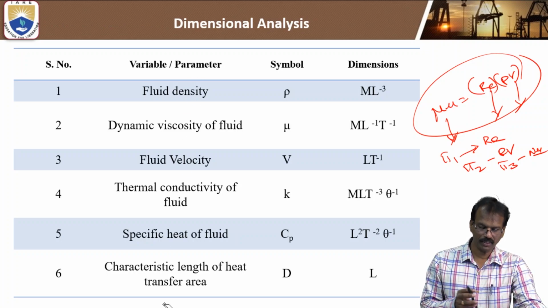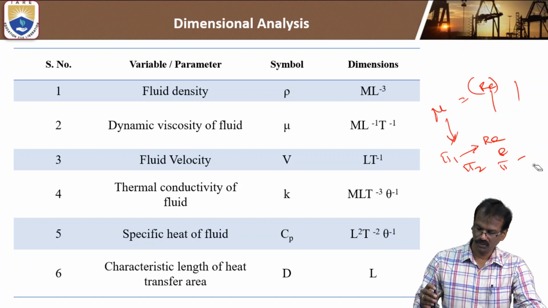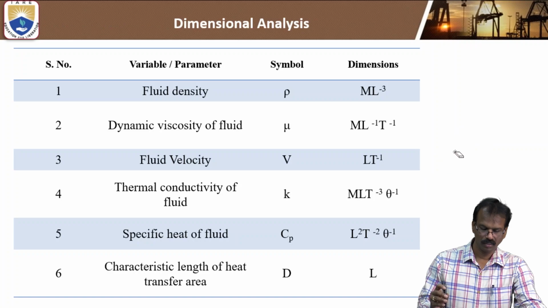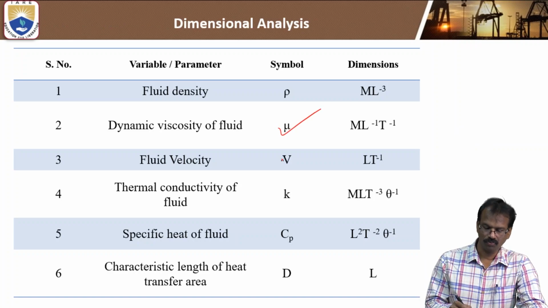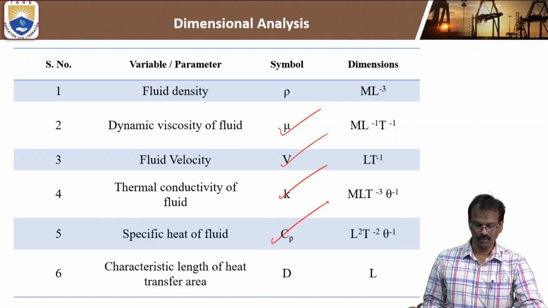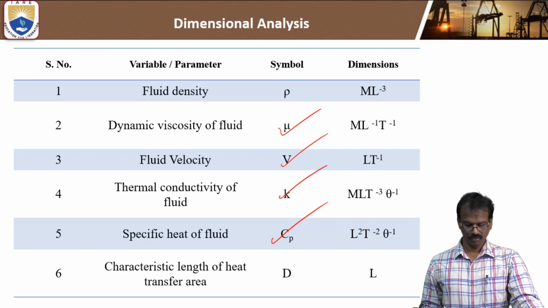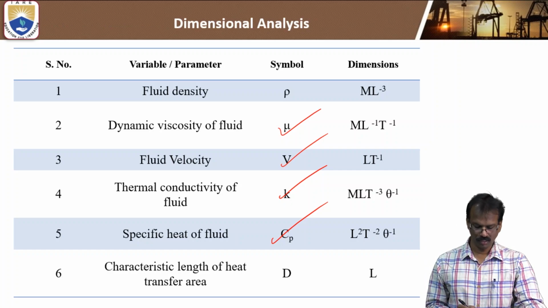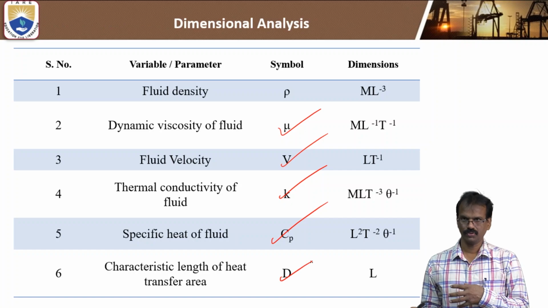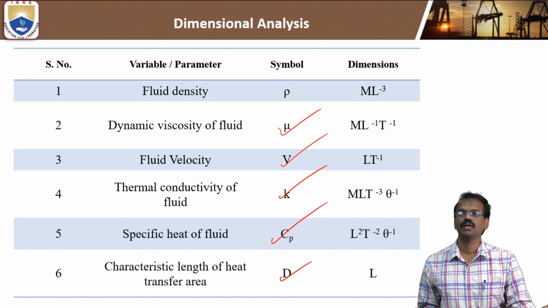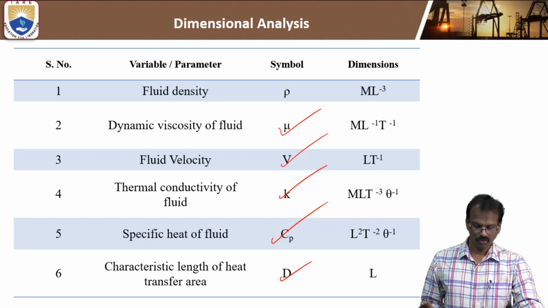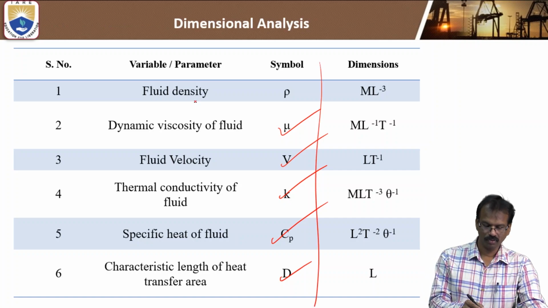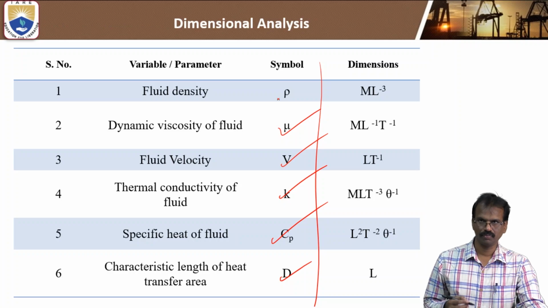These are the parameters or variables given in forced convection: the fluid density, dynamic viscosity and fluid velocity, then the thermal conductivity k and the specific heat of the fluid. The characteristic length of the heat transfer area is D in the case of a circular pipe, and L in the case of a flat plate. The dimensions of these variables: density is mass per volume, M L to the minus 3.